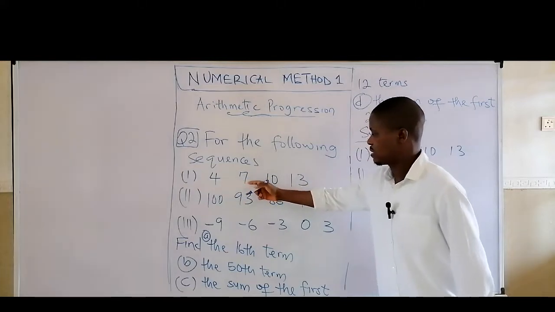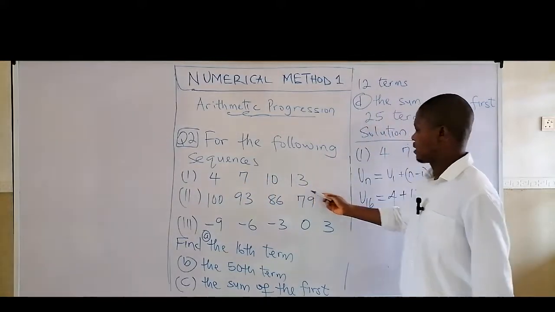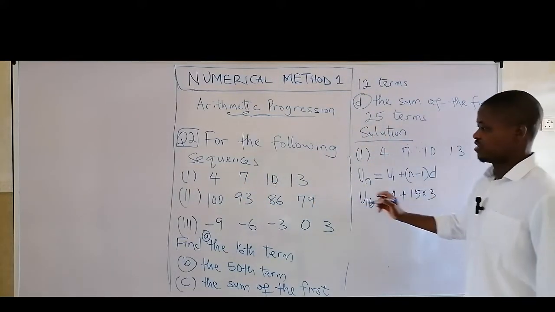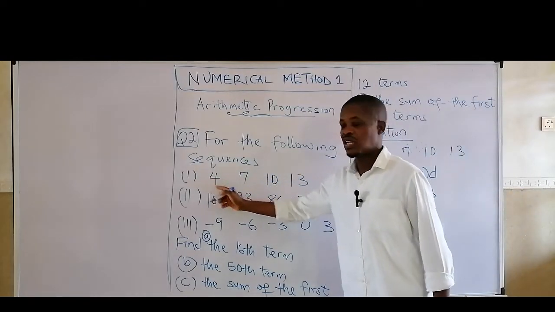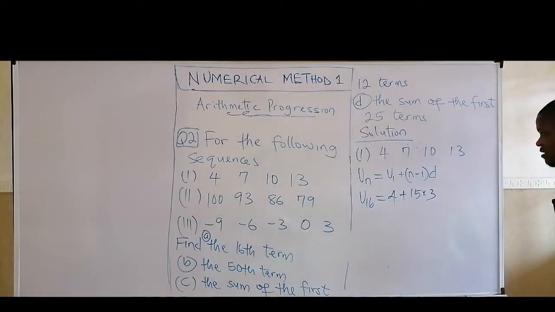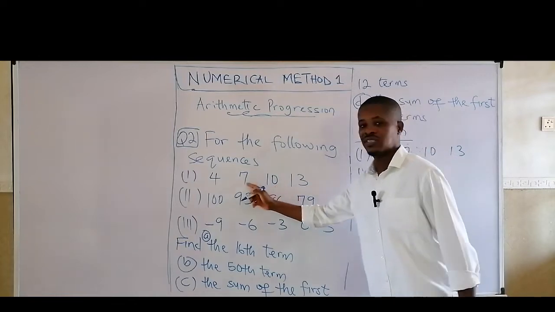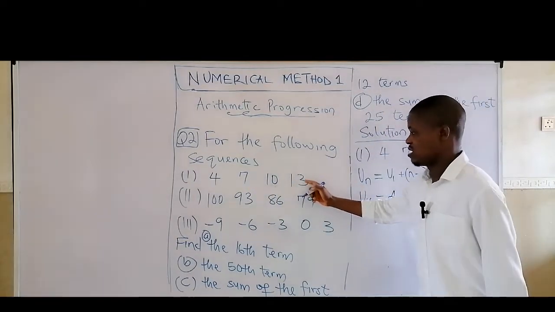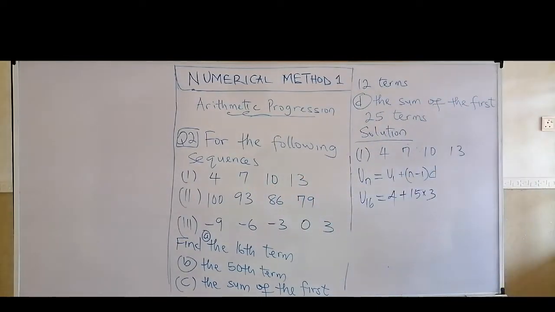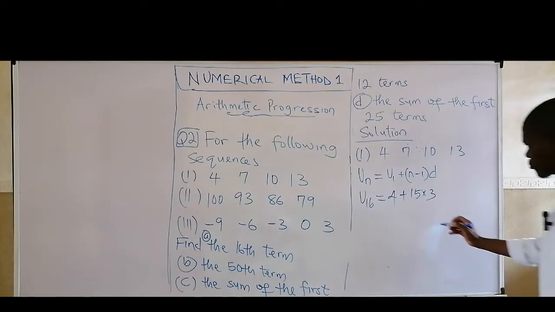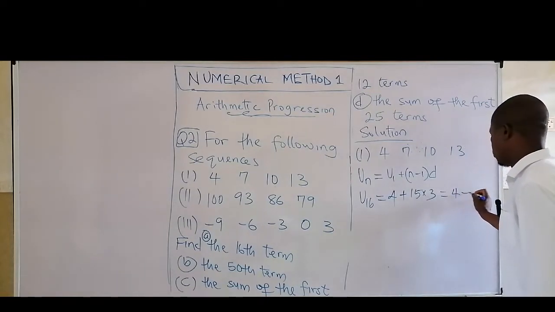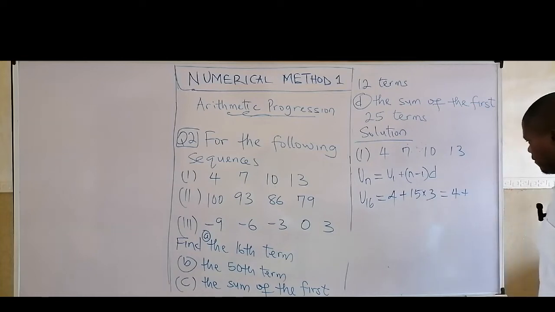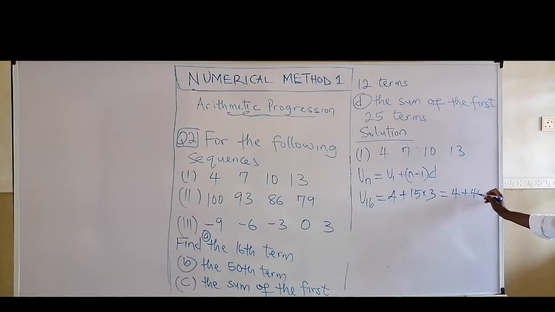So the common difference is 3, which is 7 minus 4, the same as 10 minus 7, and also 13 minus 10. So the final answer is 4 plus 15 times 3. That's 45, so the answer is 49.